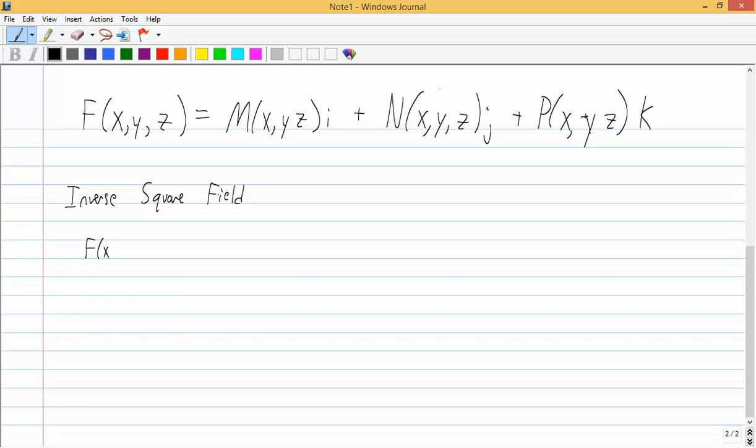And so our formula for an inverse square field, F of x, y, z is equal to k over the magnitude of r squared times u, where r of t is equal to x of t i plus y of t j plus z of t k.